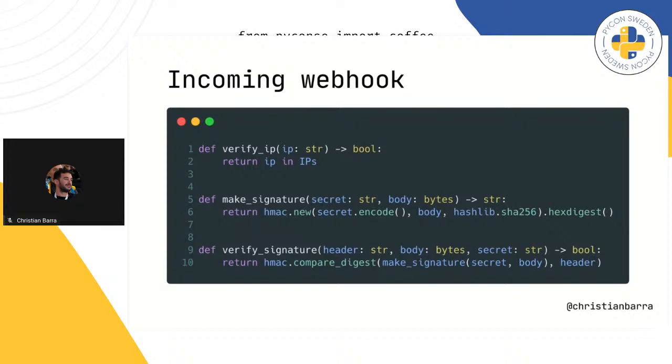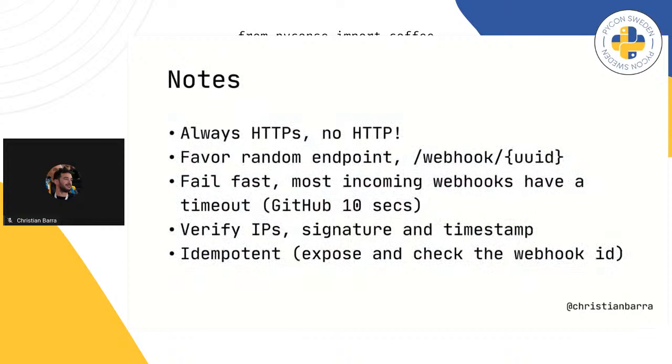I think that both implementations, the outgoing and the incoming webhooks, are a pretty good starting point. But there are a few things that we need to consider apart from the code. And first, on both sides, when you make requests and when you receive requests, always use HTTPS.